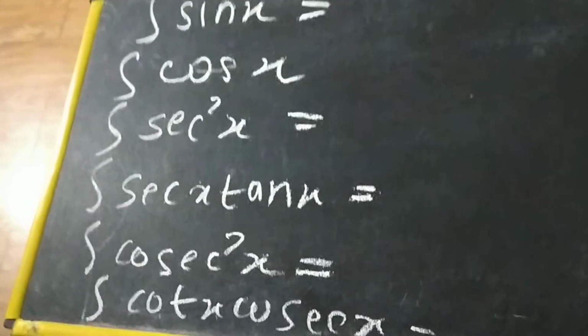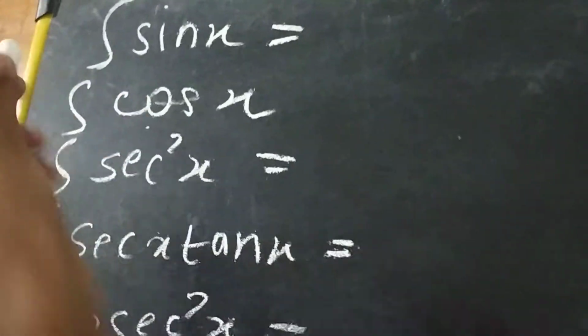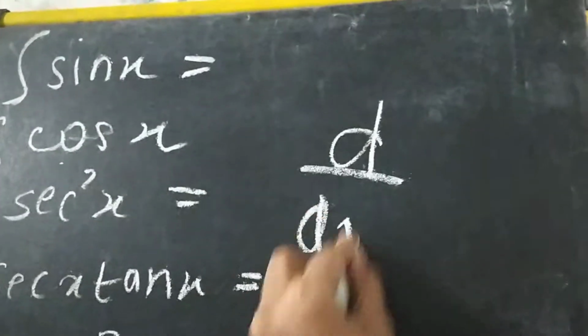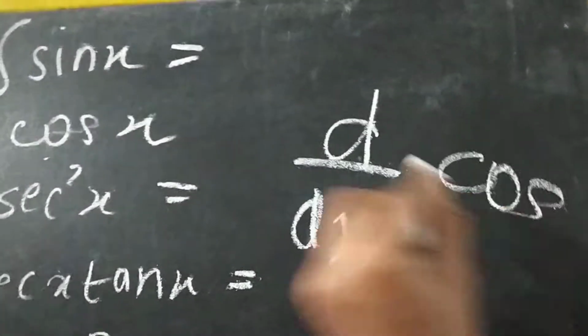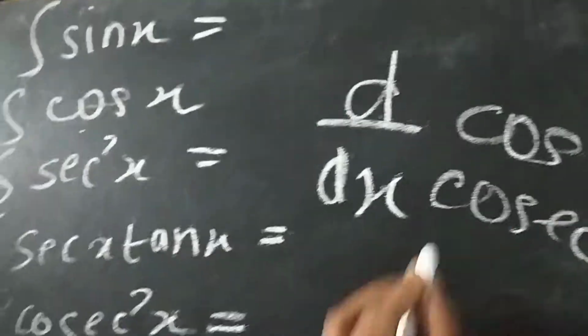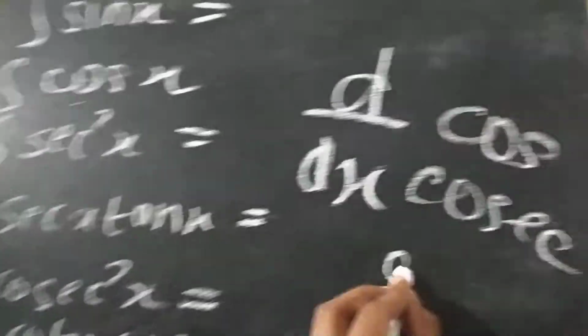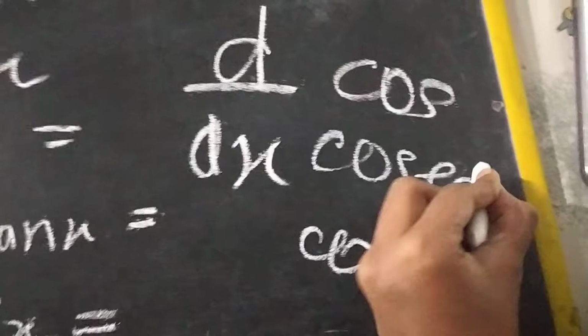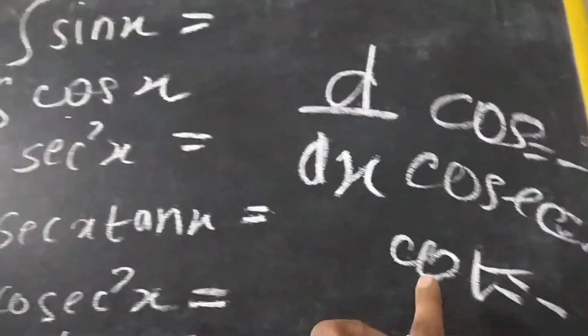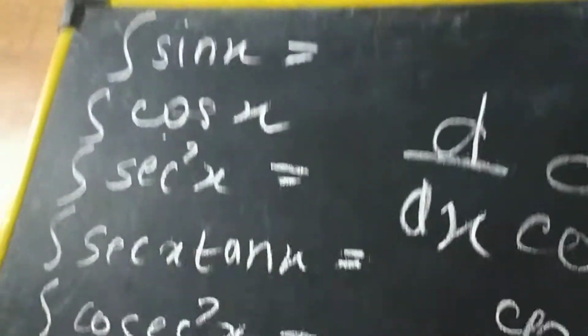Here what we have to do: if in a derivative we are asked about derivatives of cos or cosec or cot, then our answer usually comes with a negative sign, right? Here we have to do exactly the opposite thing.